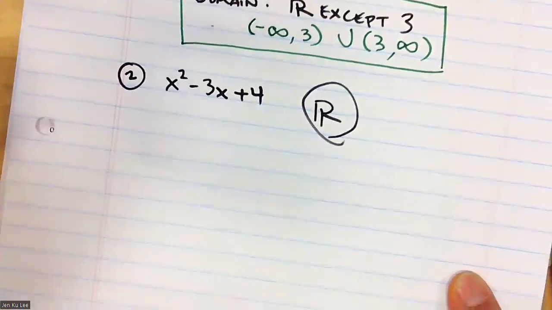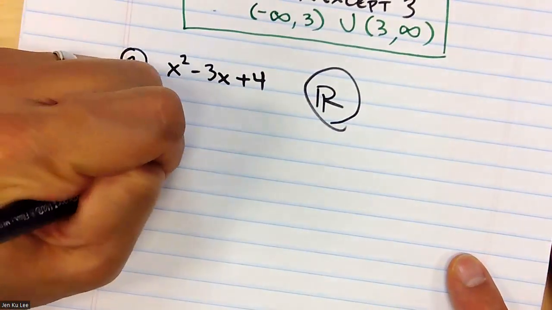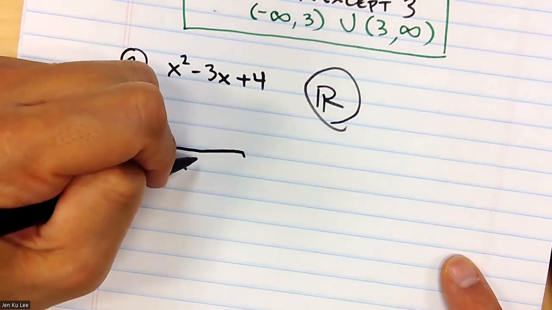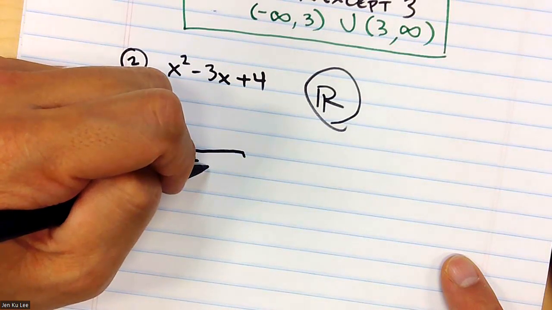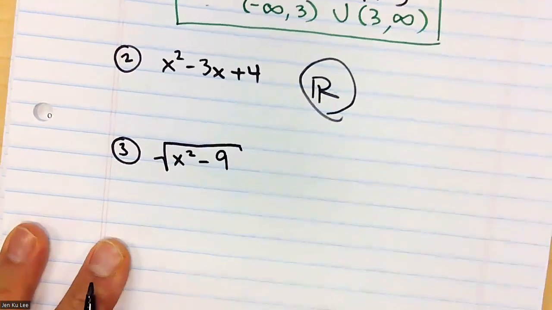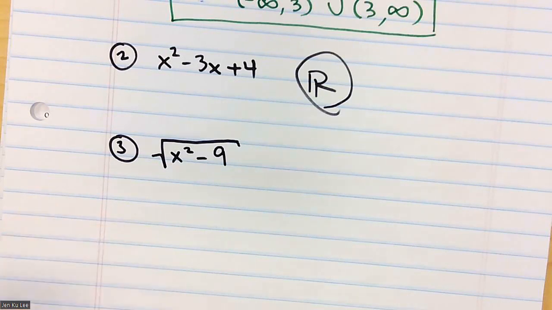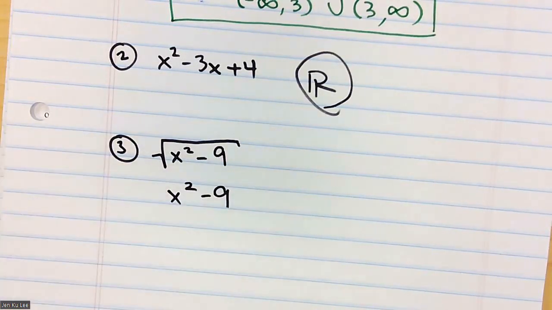Okay. So the third one, let's say it's the square root of x squared minus 9. What's the domain here? X squared minus 9 must be what?